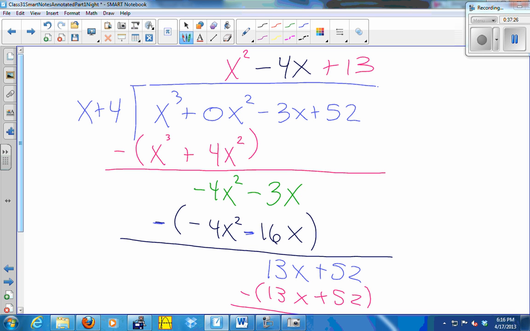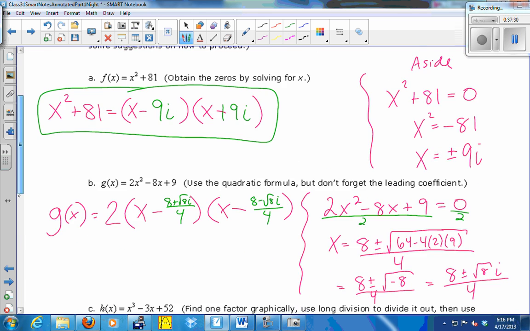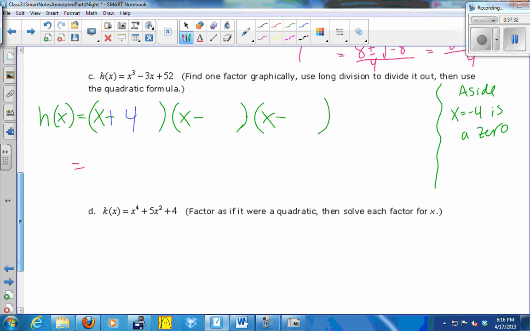All right, almost there. X squared minus 4x plus 13. So I've kind of factored it. I knew x plus 4 was a factor, and I found another factor by division, but it's not a linear factor, right? But can I break this quadratic down into two linear factors?